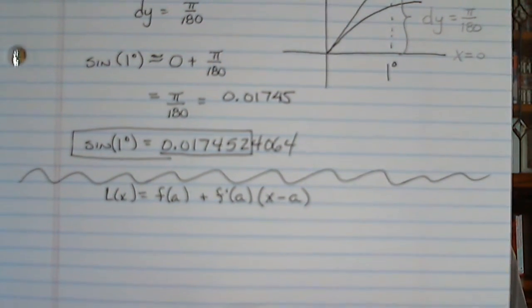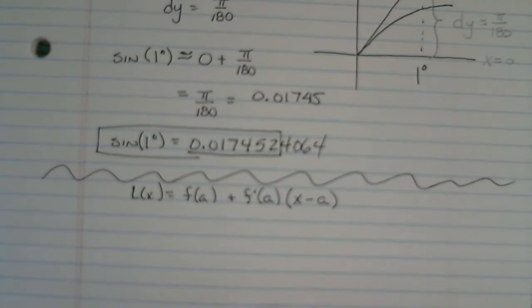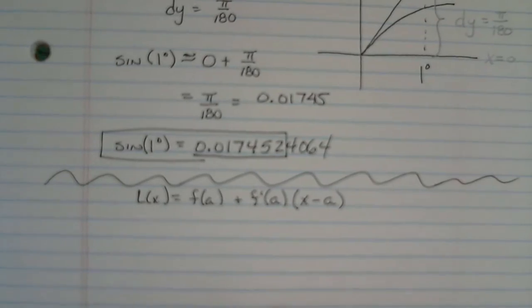Well, remember our linear approximation formula is L of x equals f of a plus f prime of a times x minus a. All right, that's the formula that we have for linear approximation. Now, there's a little bit of change here in that our a is going to be 0 degrees.